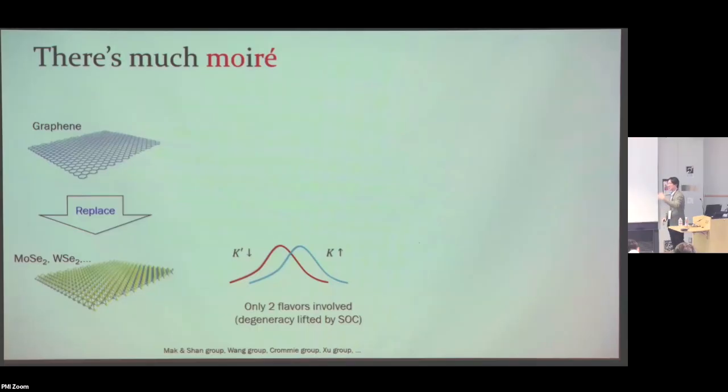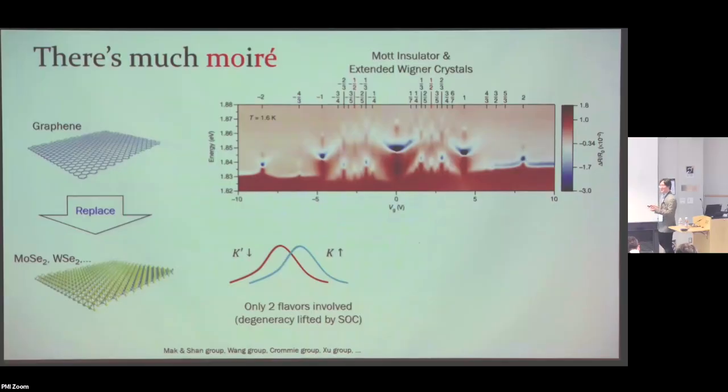The other 2 are pulled out in energy. So then you can think of a multi-orbital Hubbard model, where you have some closer analogy to conventional strongly correlated systems, and where you have Mott insulators and Wigner crystals and things like that.